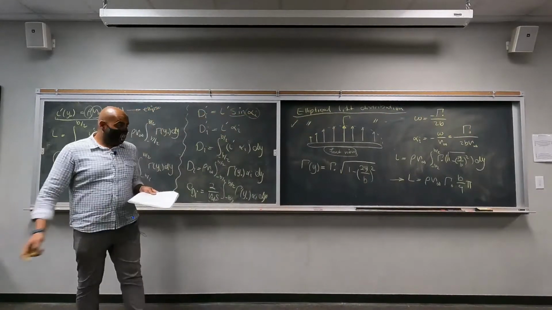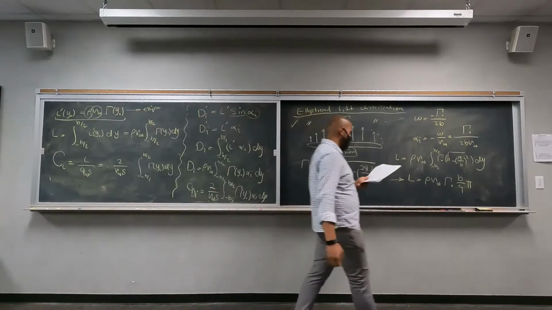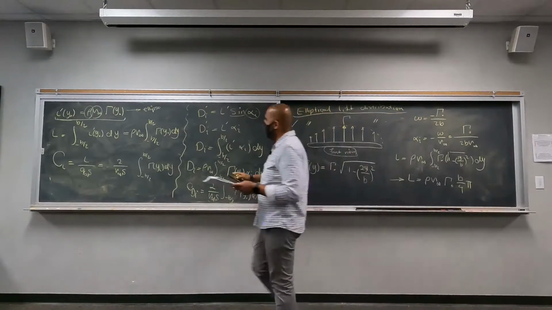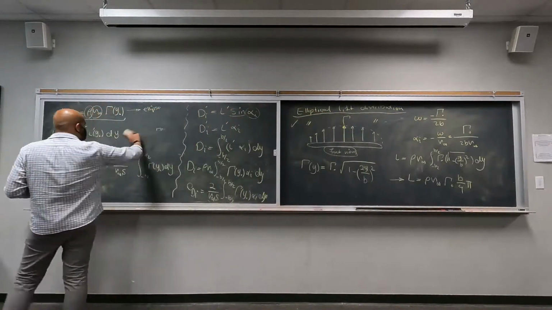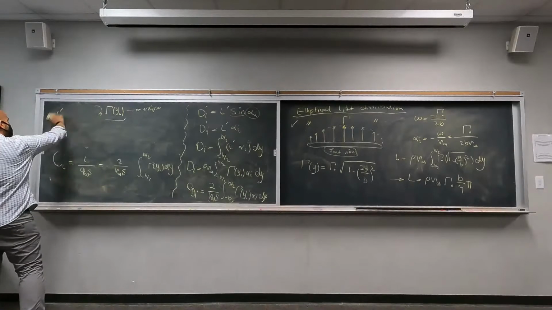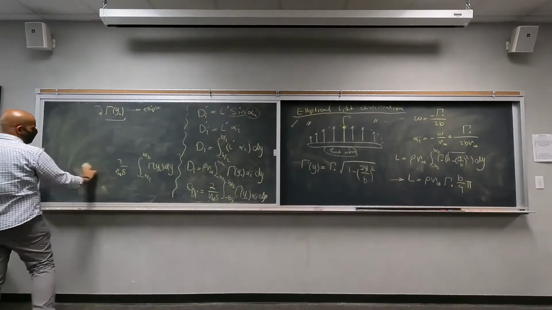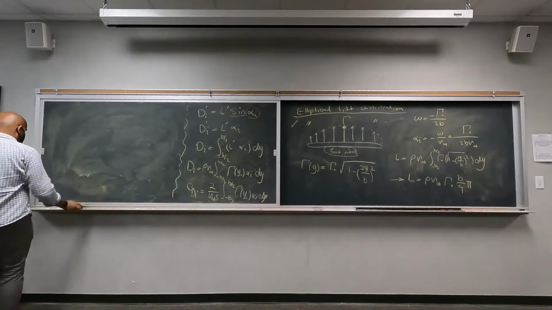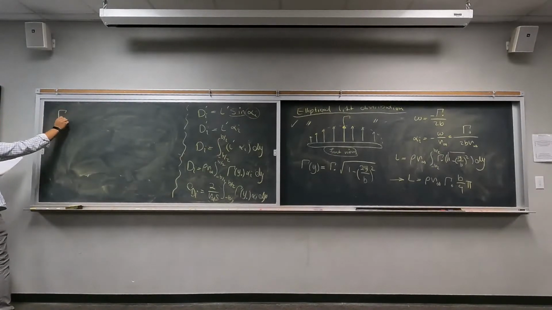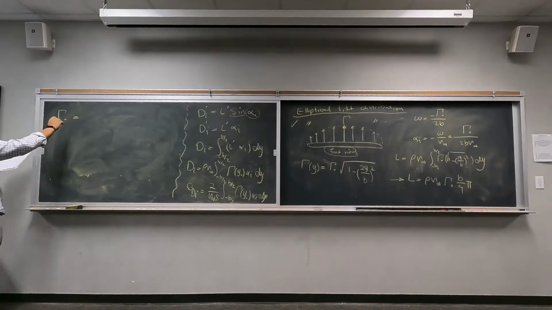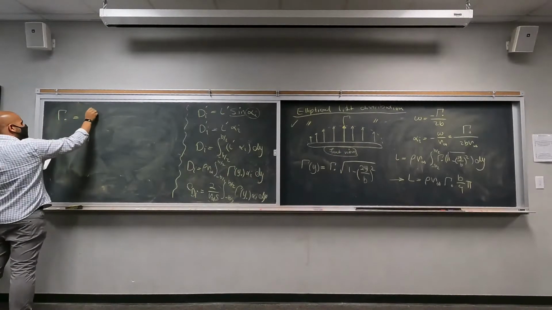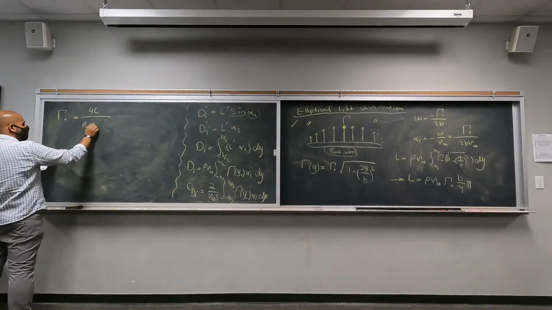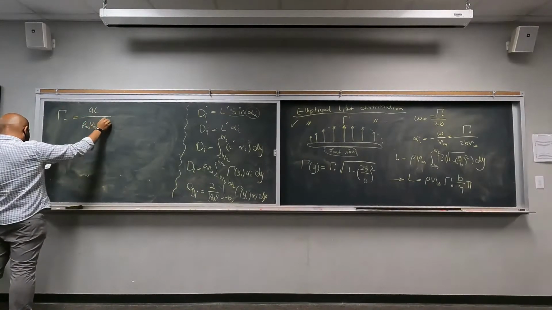And you can actually find the value of gamma naught if you were given the lift, the distribution or your total lift. If you were told that the lift for this wing is measured to be whatever, you can find the value of gamma naught based on that equation, just rearranging it, so gamma naught is equal to 4L divided by rho v infinity b pi.